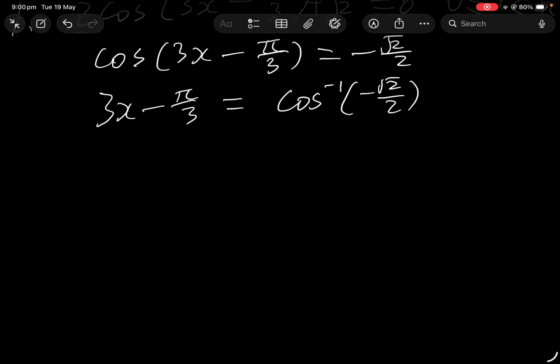Now we will have two answers from this, and I'll show you using a unit circle because it's easier for it to be negative, here or here.